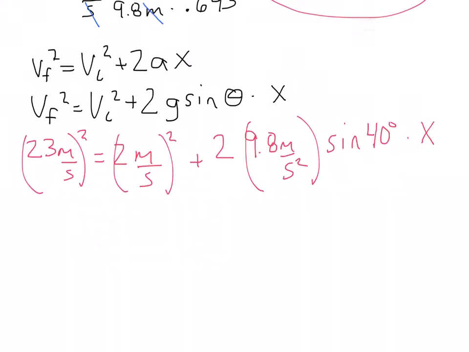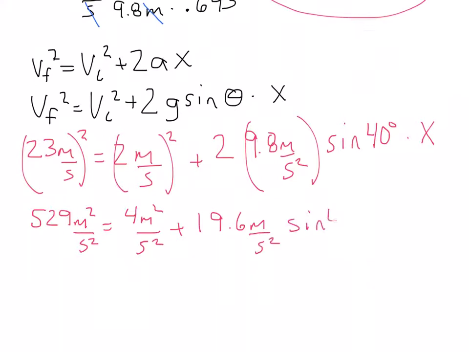We get 529 meters squared over second squared equals 4 meters squared over second squared plus, let's see, 2 times 9.8, we get 19.6 meters per second squared times the sine of 40 degrees times x.